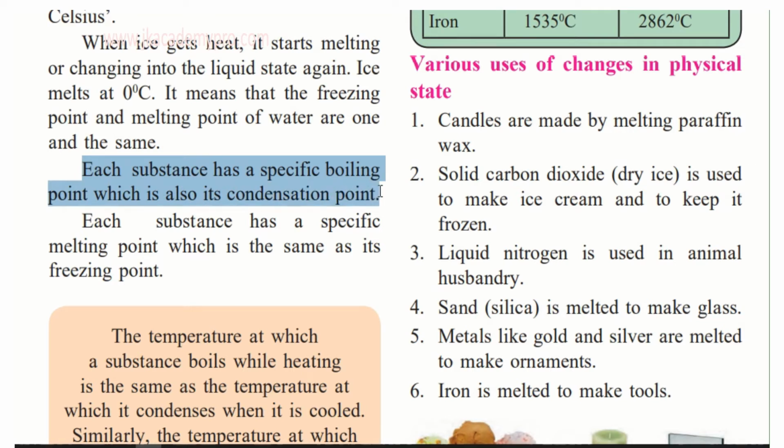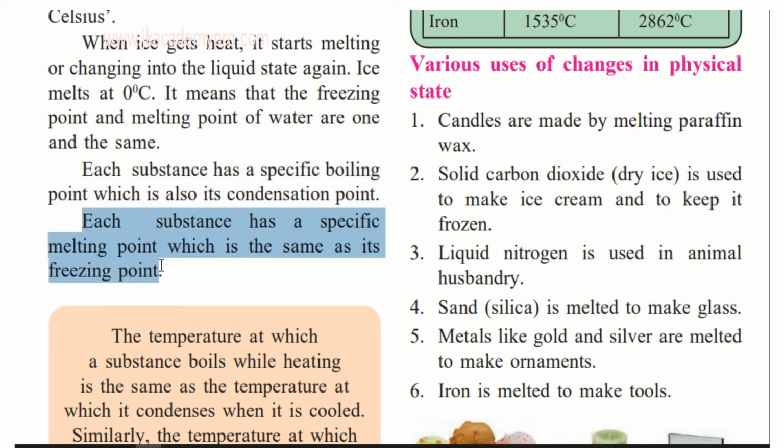Each substance has a specific boiling point, which is also its condensation point, isn't it? Earlier we saw when the water starts boiling and it starts condensation. So the boiling and condensation are the same, as well as each substance has a specific melting point, which is the same as its freezing point. Okay.